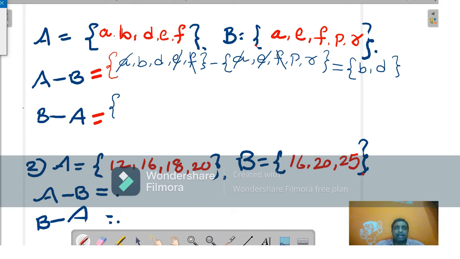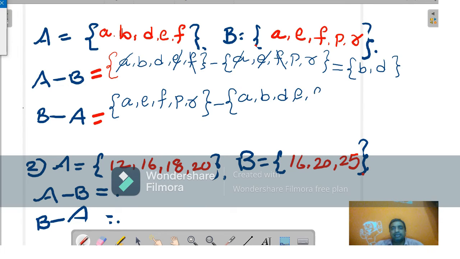Now coming to B minus A. First B we need to write: {a, e, f, p, r} minus A, where A is {a, b, d, e, f}. Now you tell, after removing the common elements.